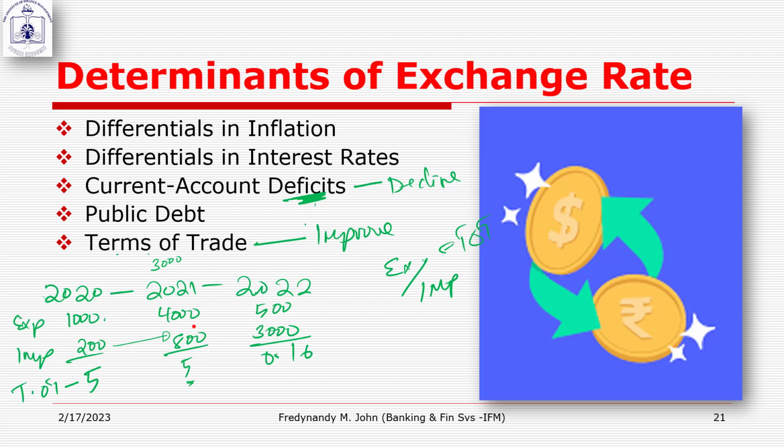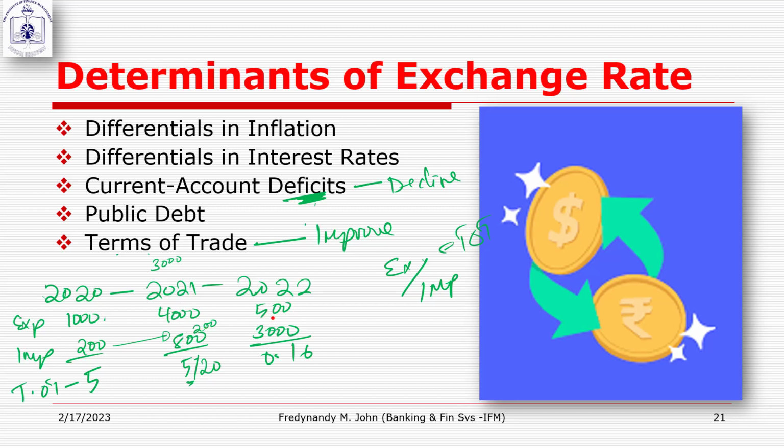Let's assume here we would have imported only 200 units. So it would have been 4,000 by 200, which is going to give you 20. So you would have noticed a significant improvement in the terms of trade. But the problem, what happened here is that we import as well.